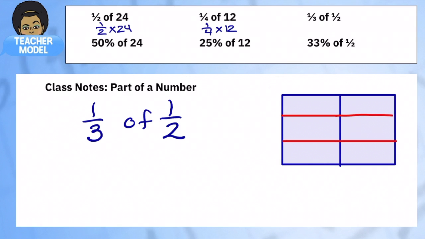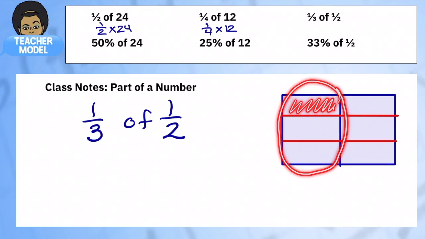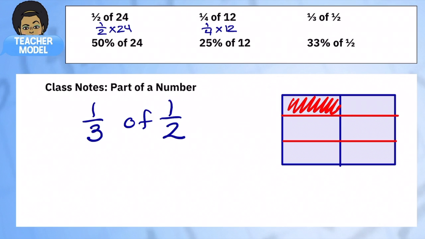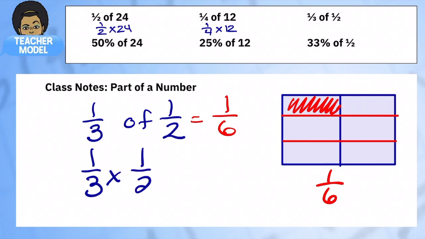So again, here's half. I cut it into 3 equal pieces. How much is this little piece here? Well, it would be 1 piece out of 6. So does the math work? 1/3 times 1/2? Yeah, it is 1/6. So again, anytime I want a part of a number, a fraction part, all I gotta do is multiply.